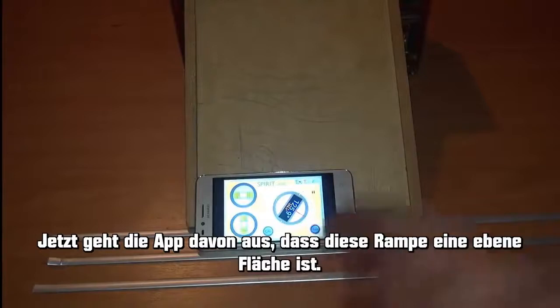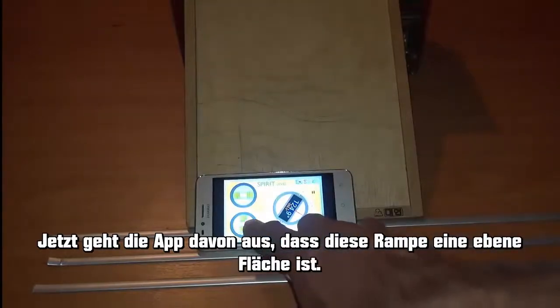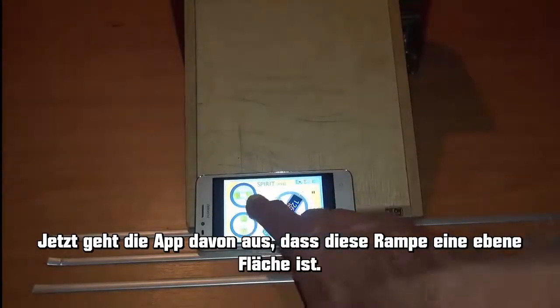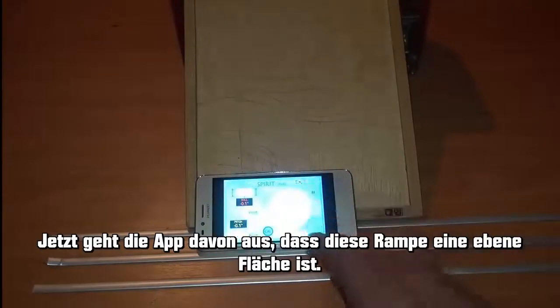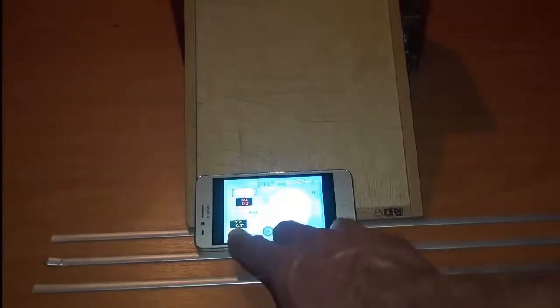You see, we know it's on a slope, but this is in the middle and this is in the middle, and on this one the bubble is in the middle. It's showing a roll of 0.1 and a pitch of 0.1 or 0.2.